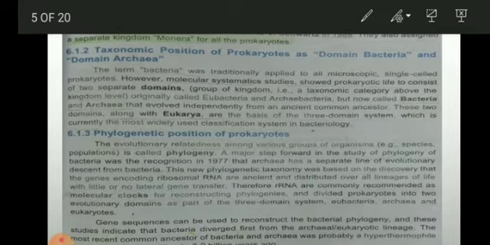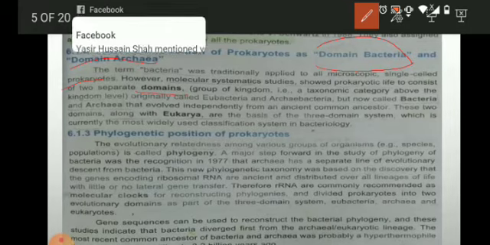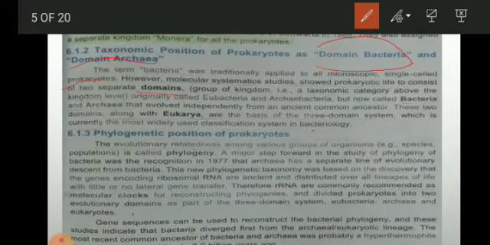The other way, we can see the taxonomic position of prokaryotes as domain Bacteria and domain Archaea. The term bacteria was traditionally applied to microscopic single-celled prokaryotes. Molecular systematic studies showed that prokaryotic life consists of two separate domains, bacteria and archaea.